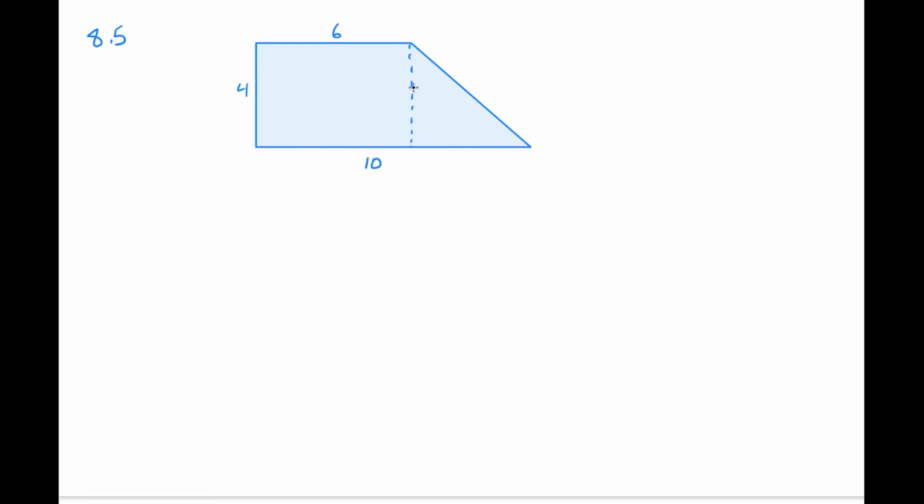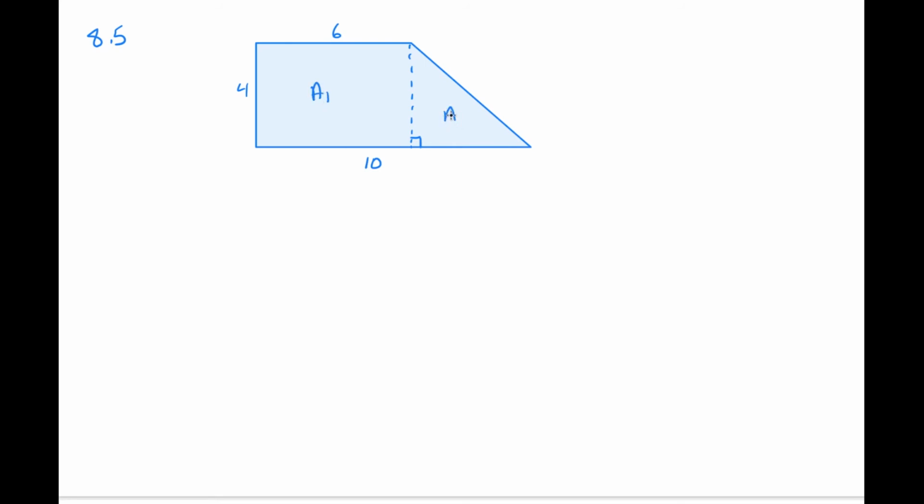So we're going to start with this because this makes a right triangle right here. And we know that this is the height and this is the base because it's a right triangle and it's the easiest one to do. So we know that this is 6 by 4. We'll call this area 1.